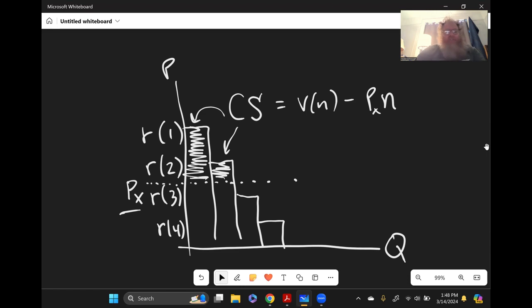So here's the price of X. This is a price being set by a market, and we can see that that market price falls between 2 and 3 units of X. And so what that would imply in this particular circumstance is that ultimately 2 units of the good are going to be consumed because the reservation price for 2 units is greater than the price of X, but the reservation price for 3 units is below the price of X, right?